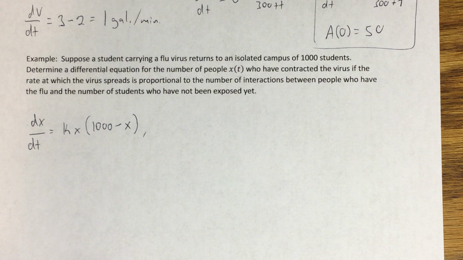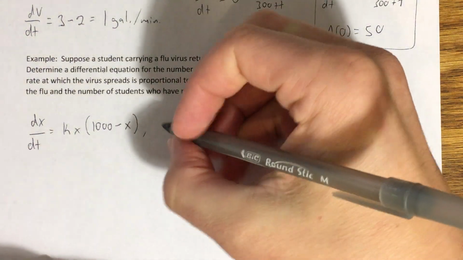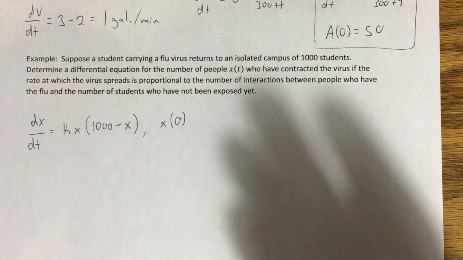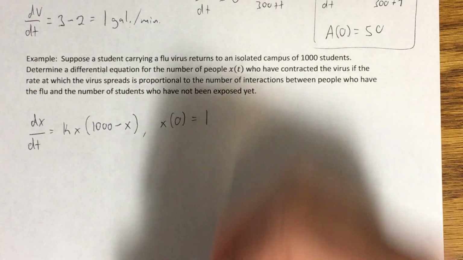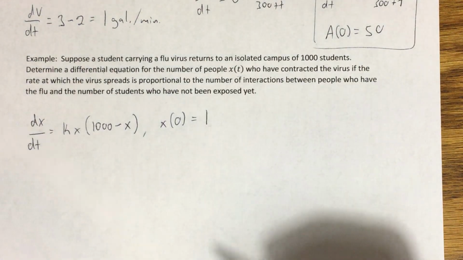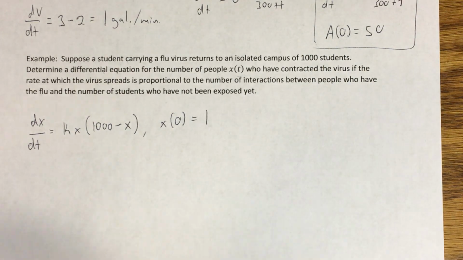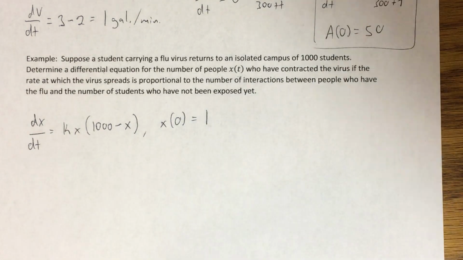And the way that we read this, we're interpreting it as that the one student returning to campus is the only one with the flu. So at time t equals 0, when that student returns, there's only one student with that flu. And that's it. Okay, so this one was straightforward, using the work we already did and just plugging in a number. Okay, that's going to be it for 1.3.